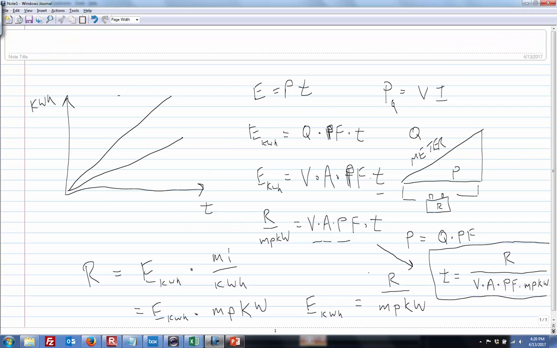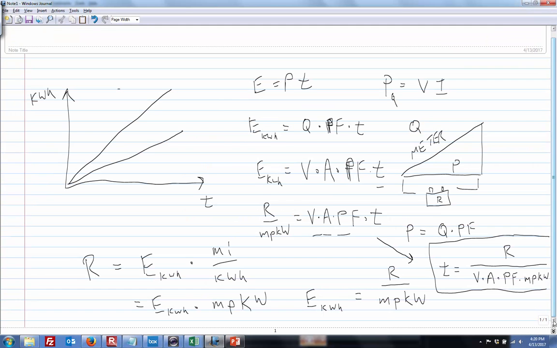So again, we've got dollars per kilowatt hour 1, dollars per kilowatt hour 2, and then miles per kilowatt hour 1.